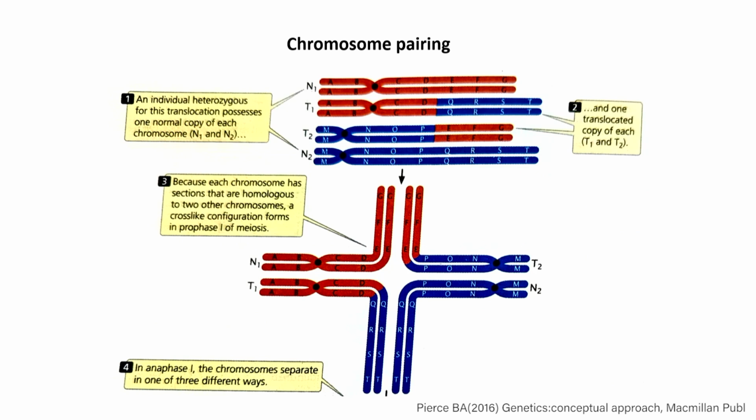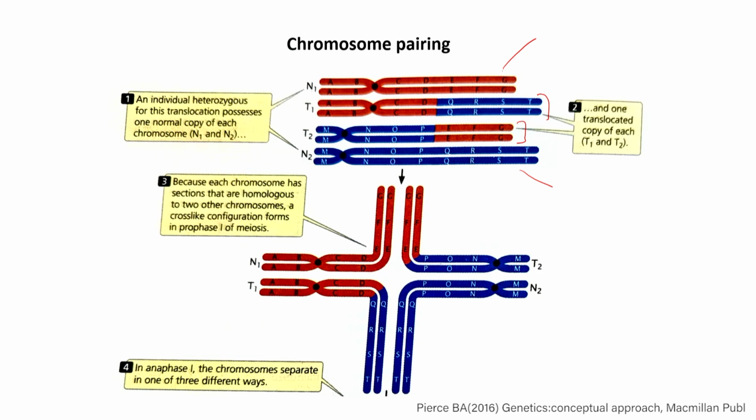T1 is the translocated one, where this has the normal red part and then a blue part from the other non-homologous chromosome. So, this is a pair. The other one is a blue chromosome, another chromosome, and here you have part of blue and part of red, that is the translocated chromosome. So, these 2 are the translocated chromosomes, and these are the normal chromosomes.